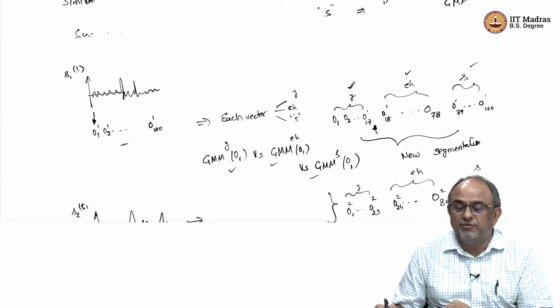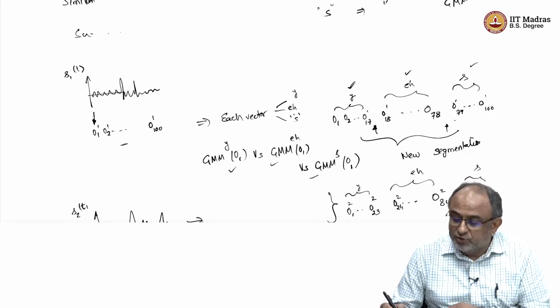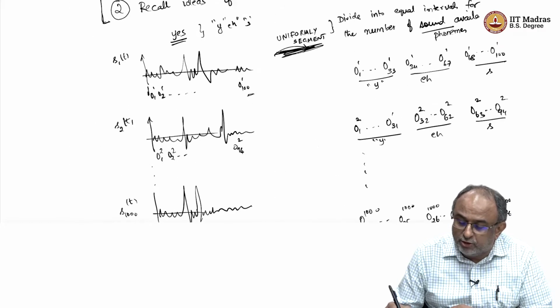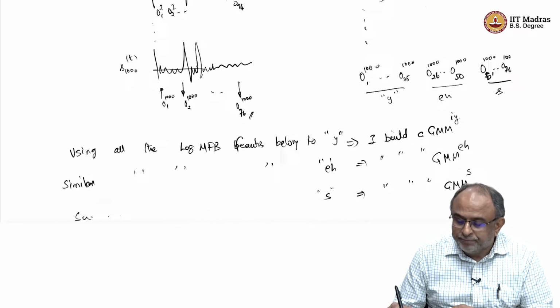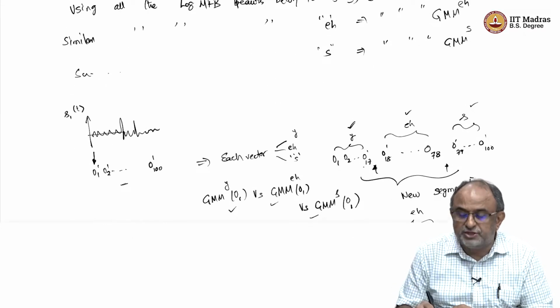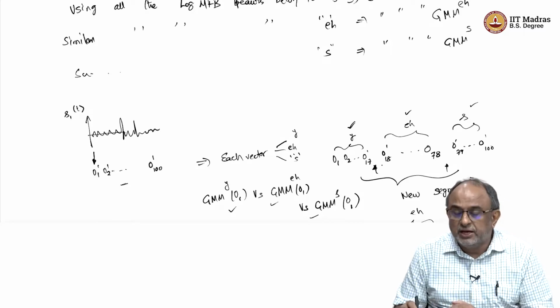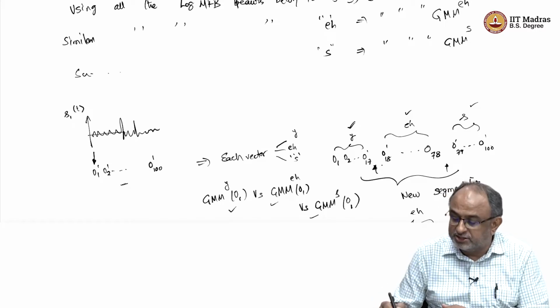Only up to 17 vectors belong to ear, a is from 18 to 78 for the first speaker. This was different from the uniform case, where there were 100 and I uniformly divided into 33, 33, 33. After building the initial model, the first part is only till 17, from 18 to 78 is a, and from 79 to 100 is s.